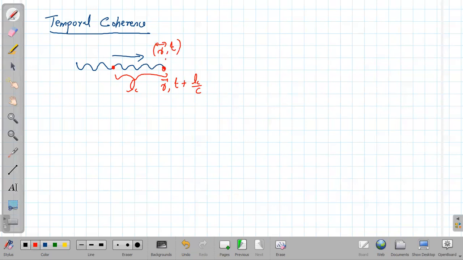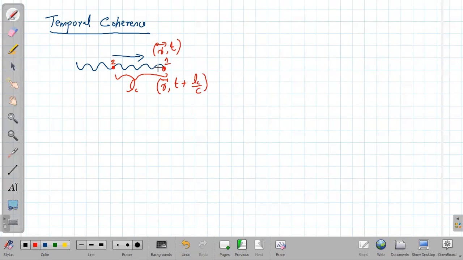So this is the first point and the second point. The second point will reach the location of the first point after a certain time. That is why the term temporal comes in: if the light reaching the same location at two different instants is phase correlated, then we call it temporal coherence.